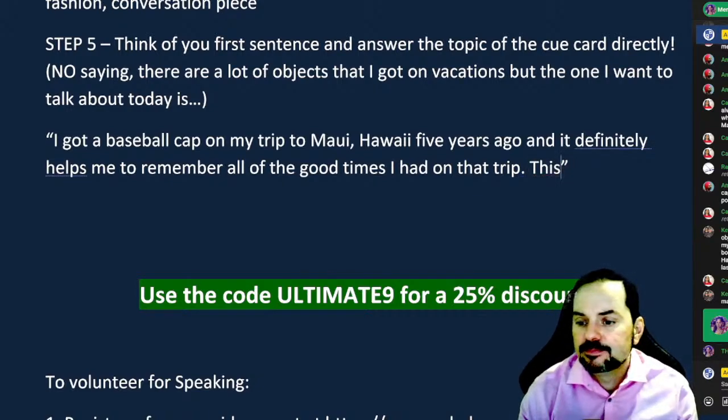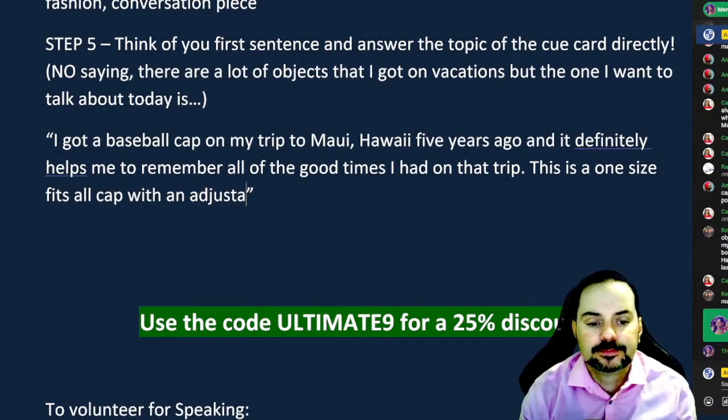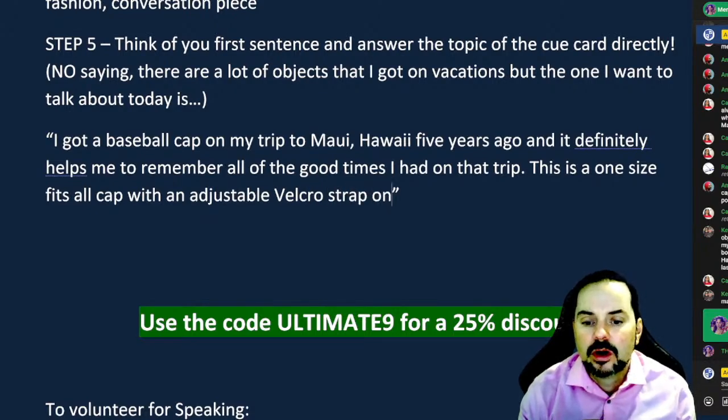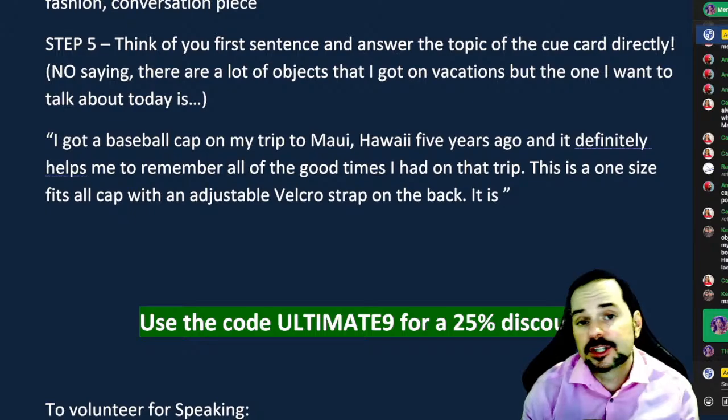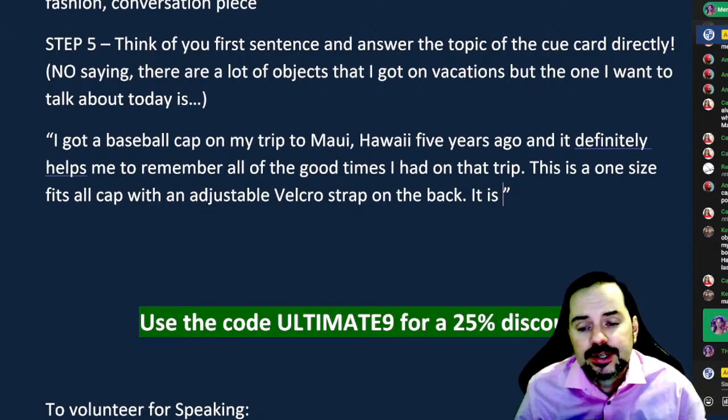This is a one size fits all cap with an adjustable Velcro strap on the back. It is mostly white. Now notice this is present tense because I still have this baseball cap, right? So here we're using present tense.